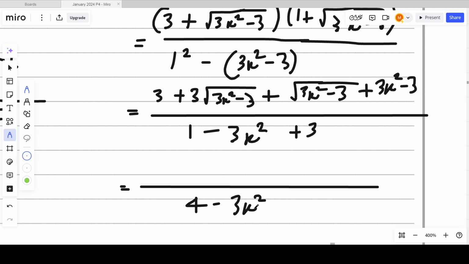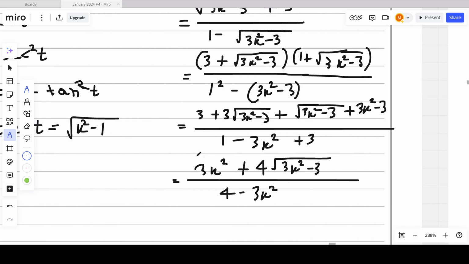Fine. And in the denominator, what do we get? 3x squared there, so 3x squared plus 4 square root of 3x squared minus 3. Now is it the answer?